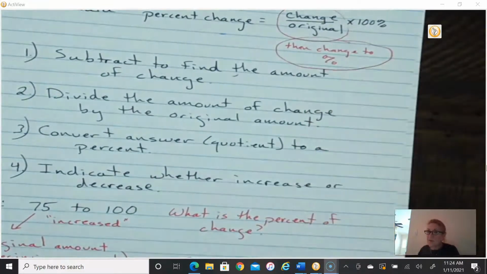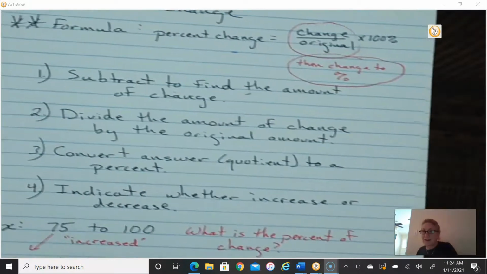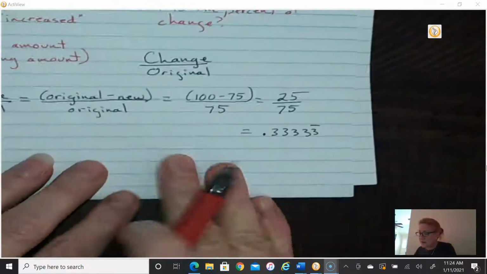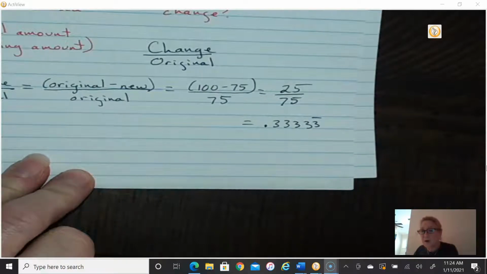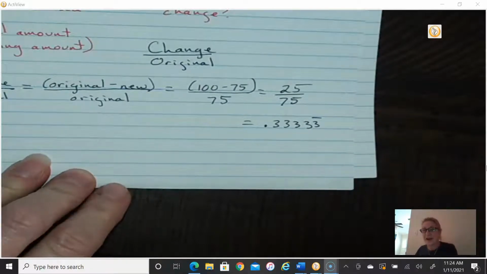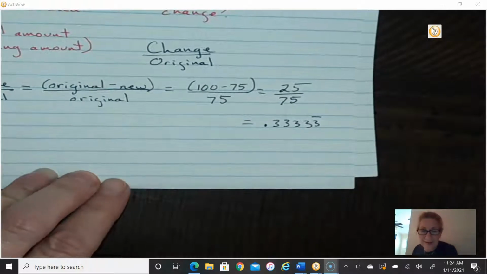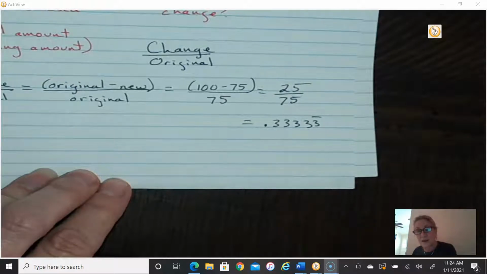But change to percent. If you leave it like this, it's wrong. So how do we change it to a percent? I would call on some of you, and you're probably happy I'm at home because I'm not calling on each of you. Okay, so how would I change that to a percent? That's right, you just move the decimal.